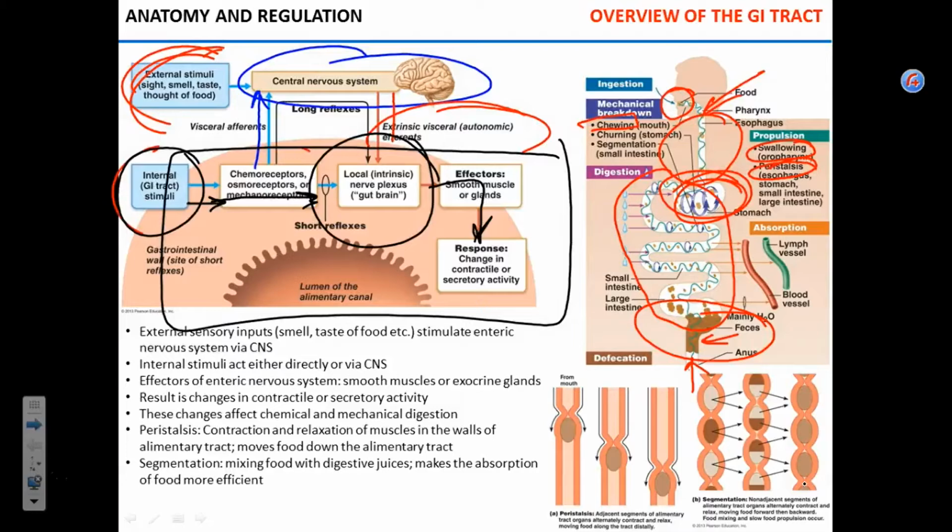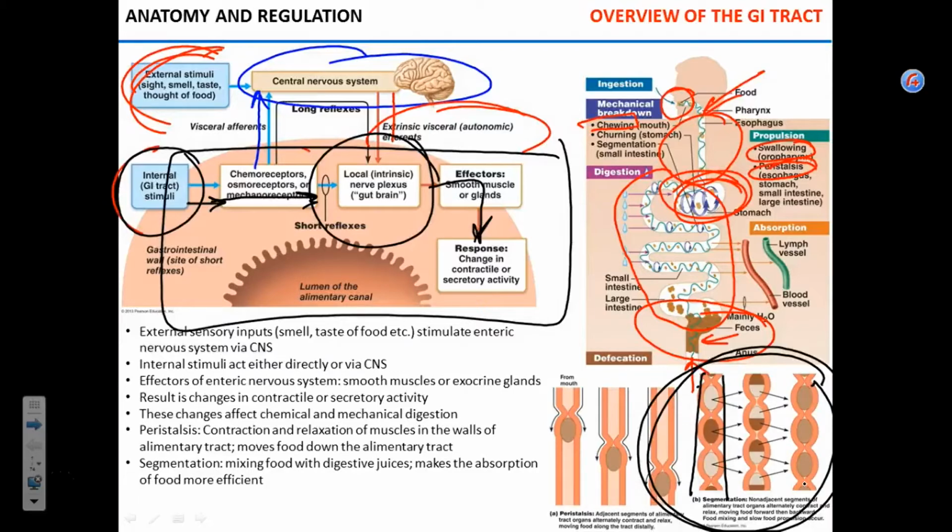peristalsis. When you squeeze the toothpaste out of the tube, this is peristalsis, okay? Segmentation. Segmentation is demonstrated here. So this tube represents intestines, okay?